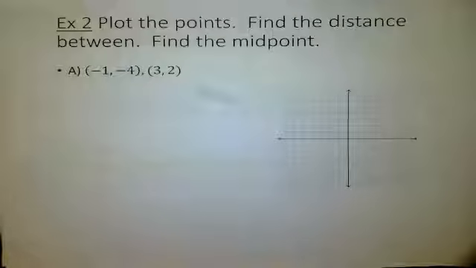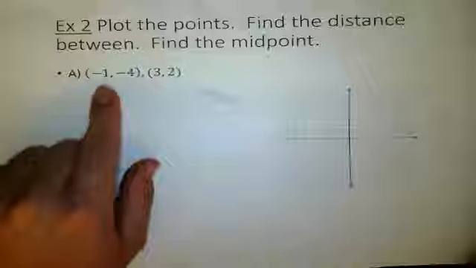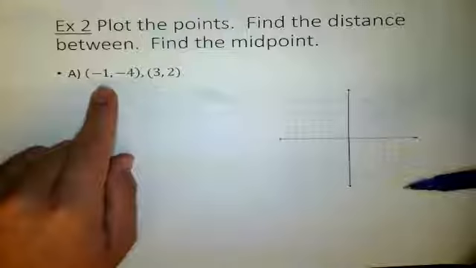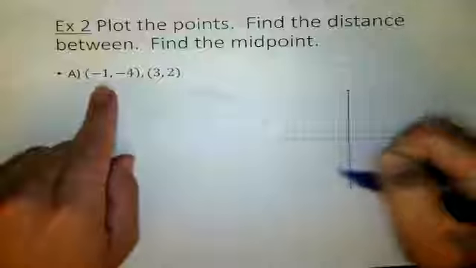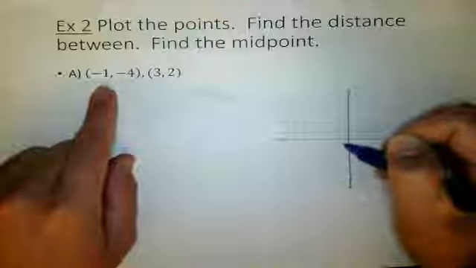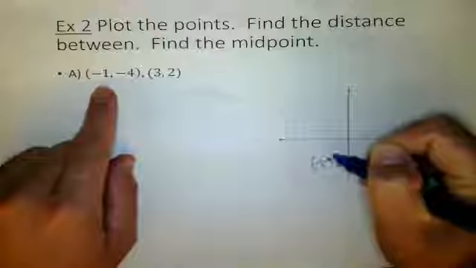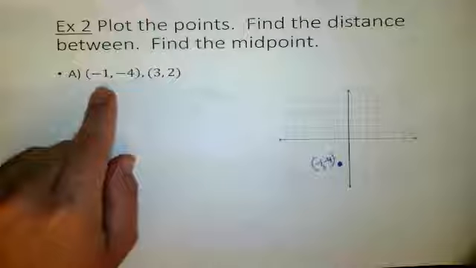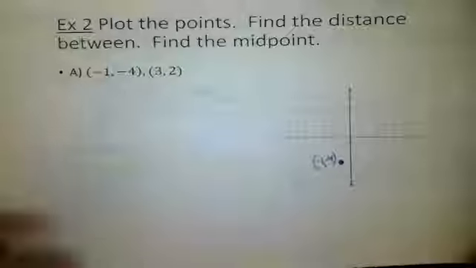Find the distance between, find the midpoint. First, I'm going to plot these points. Again, you do not need graph paper, because -1, -4 is somewhere down here in quadrant 3. Plot it, label it. You do not need tick marks. Put it in quadrant 3, approximately where it belongs, and label it.